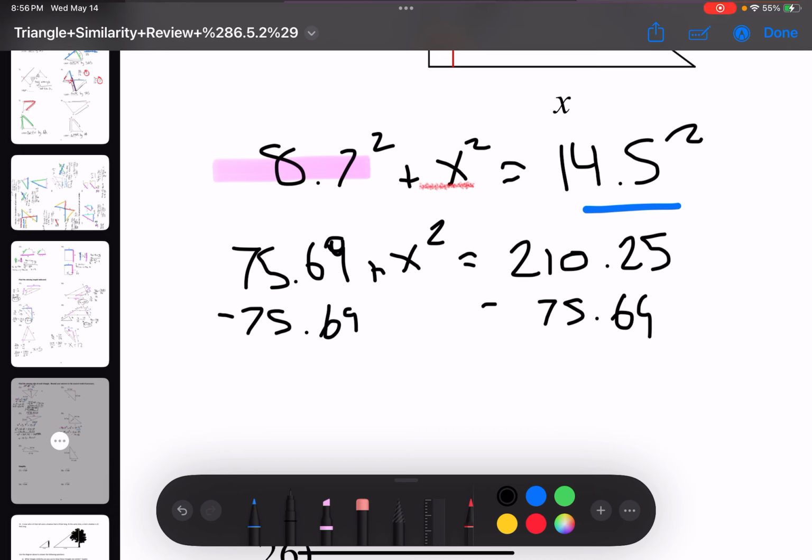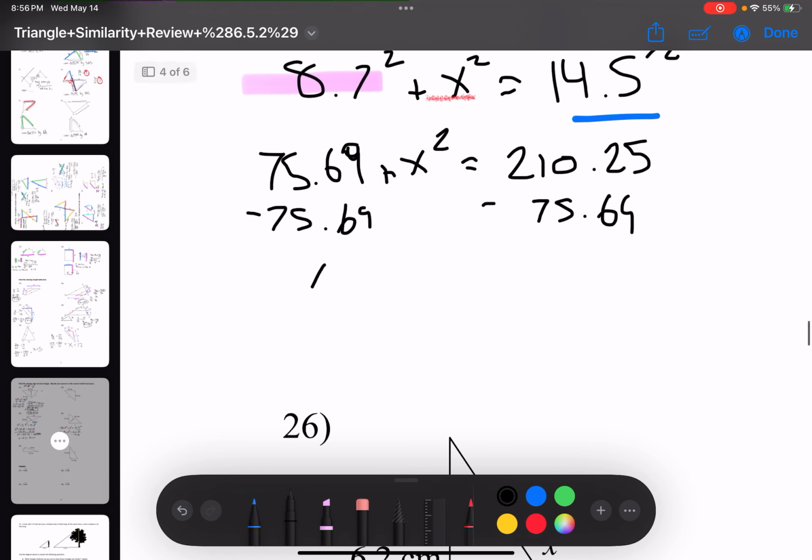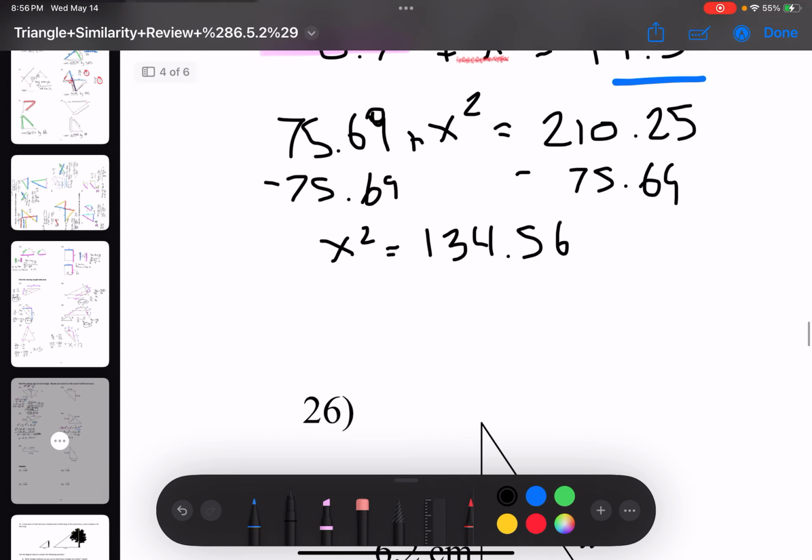Minus 75.69. That is equal to x squared. 1, 3, 4, 5, 6. Okay, and then that's your approx. And then square root this to get your exact.